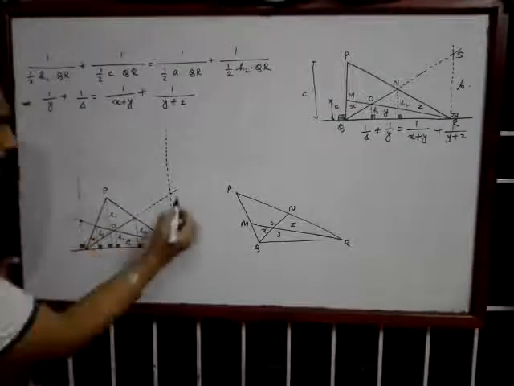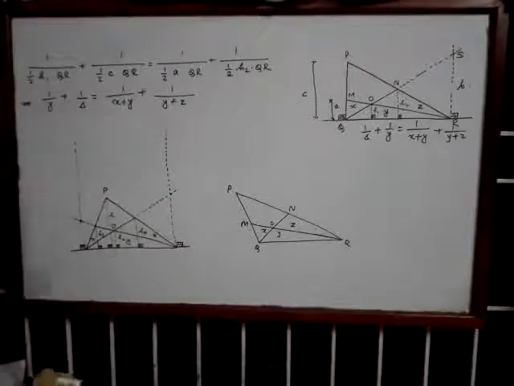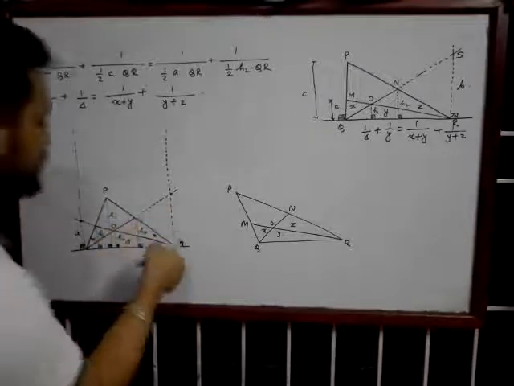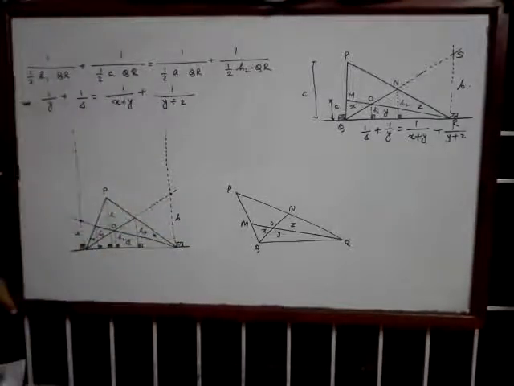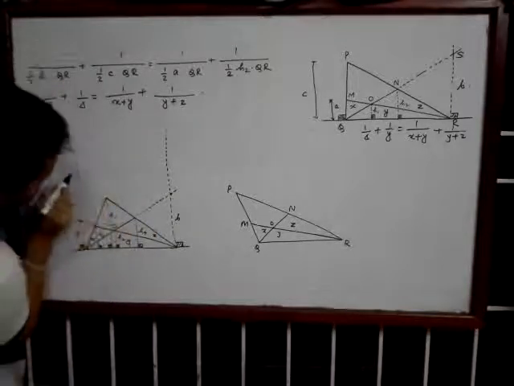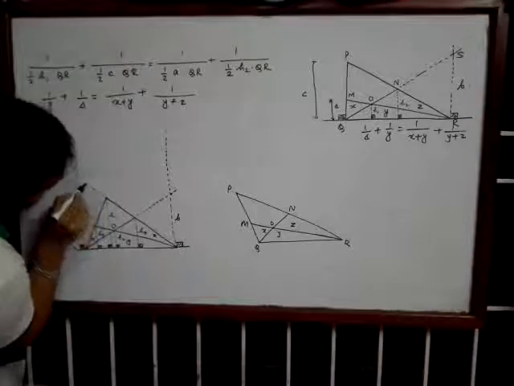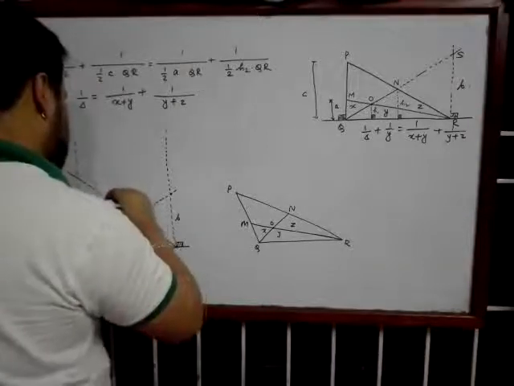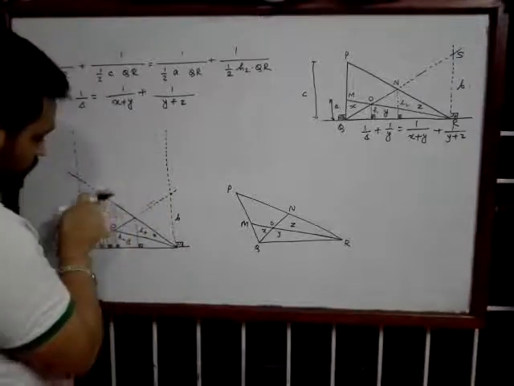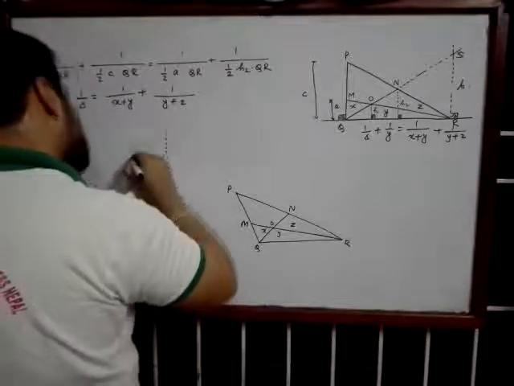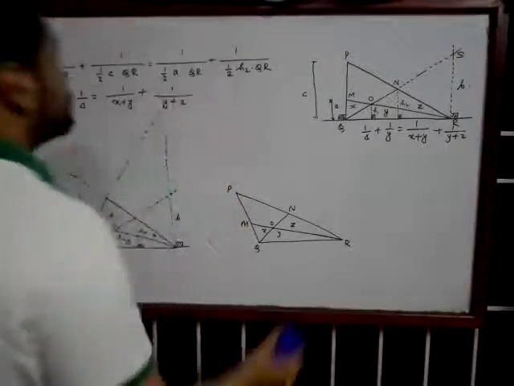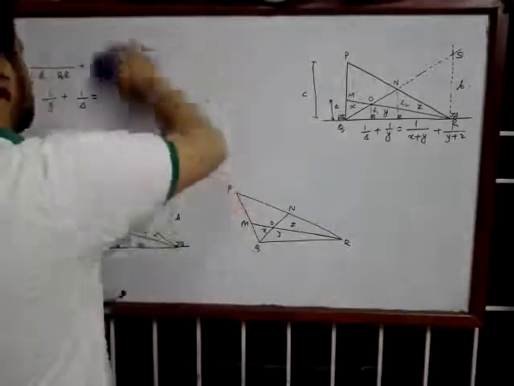Now let's say this length is A and this length is B. Next, produce this line and this line like this.